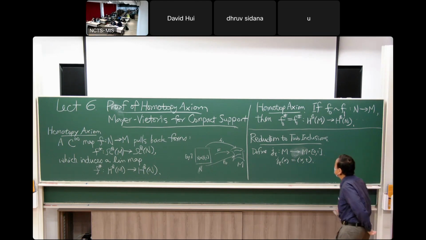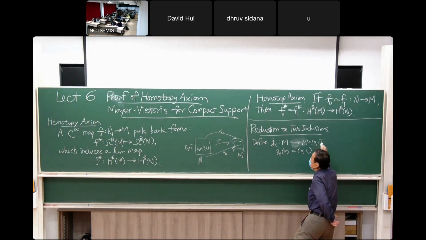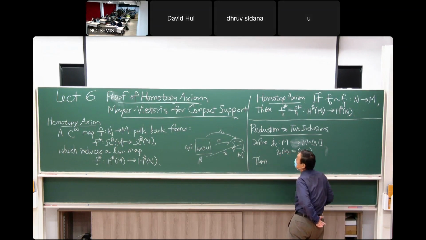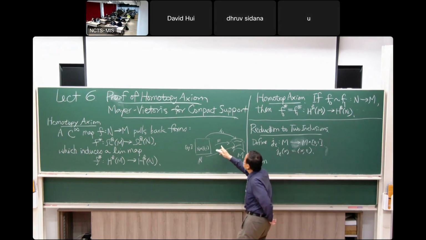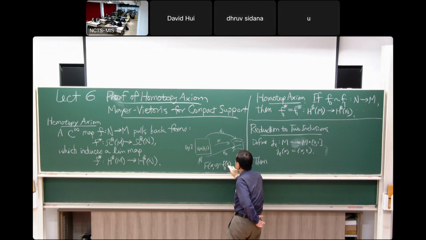Okay. Now, if you define this, so here I have a homotopy, and that means F at time 0 is F0, and F at time 1 is F1.